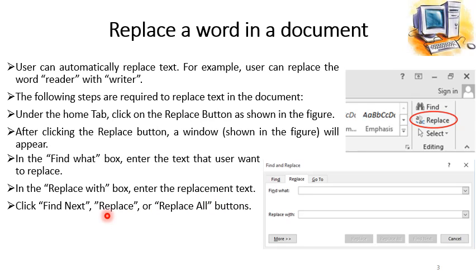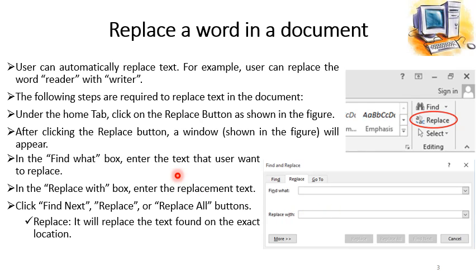Find Next, Replace, or Replace All buttons. So these three buttons are here. You can click on them. By clicking on the Replace button, we will just replace a single word, and by clicking on Replace All, all the words written in this Find What place will be replaced with this one.